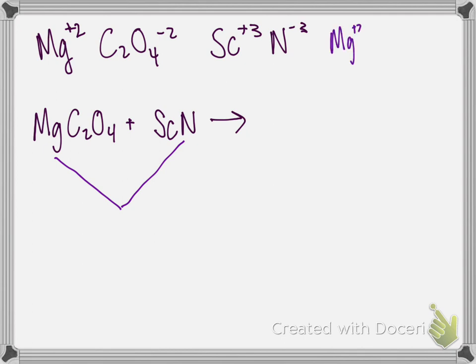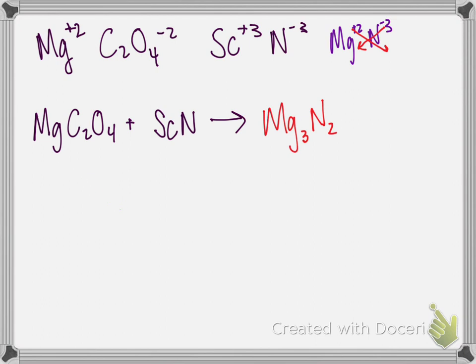Mg +2 and N -3. Crisscross them down. That leaves me with Mg3 and N2, right? We're going to bring both of those down. My other product is going to be a combination between scandium and oxalate.